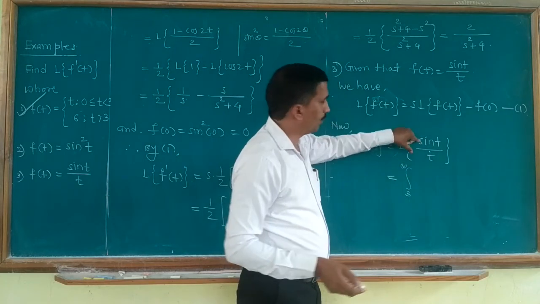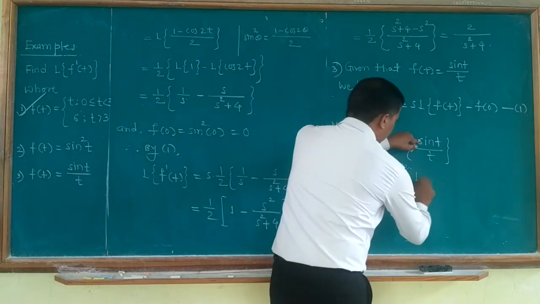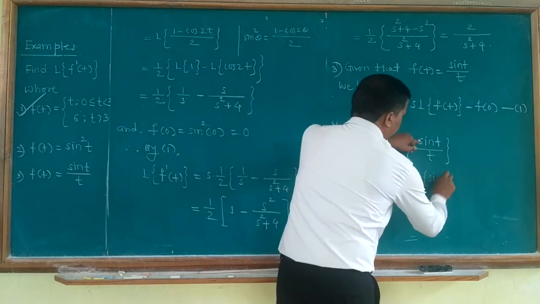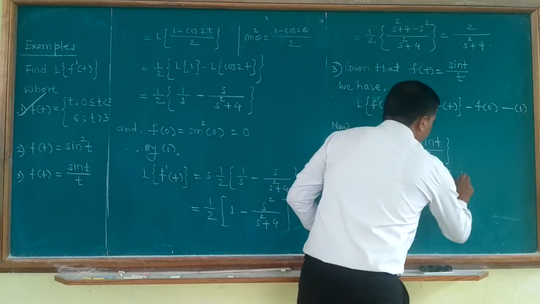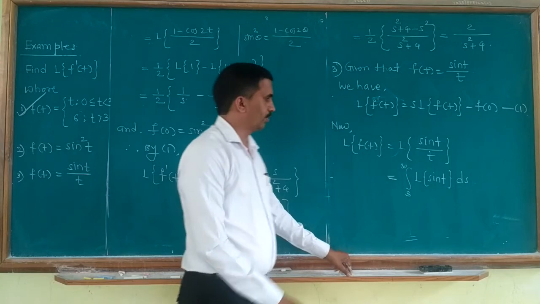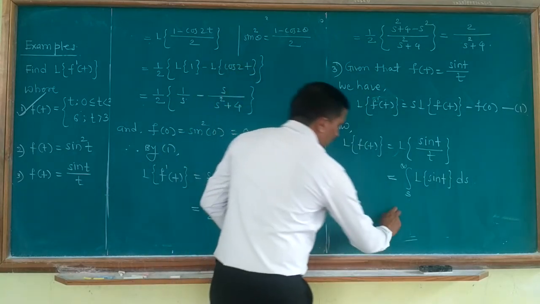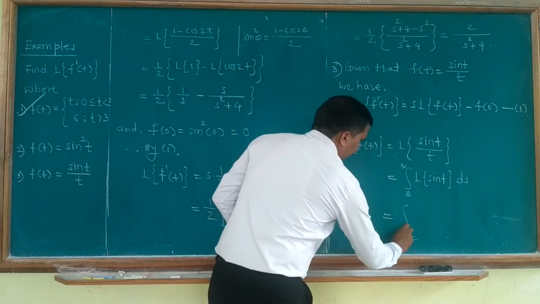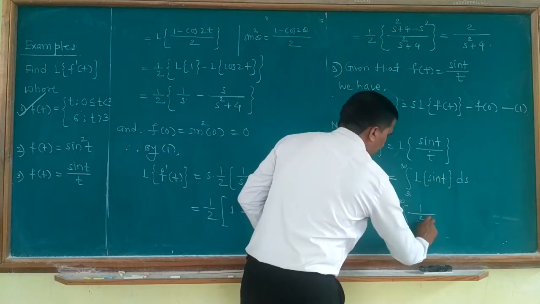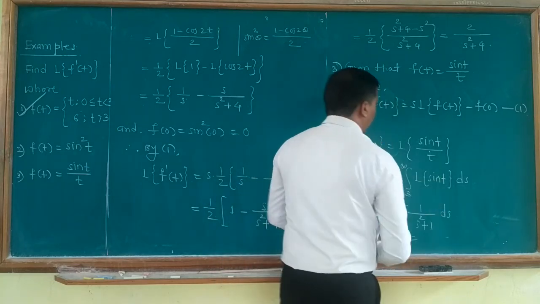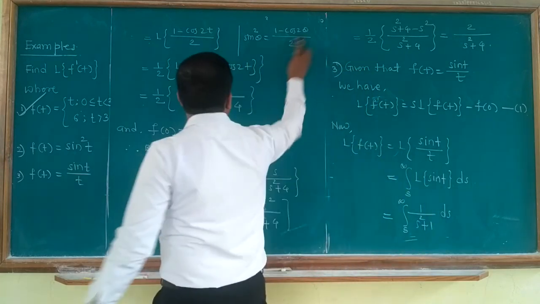Integration of Laplace of numerator. So, it is Laplace of sin t. And Laplace transformation is a function of s. So, therefore, integrate with respect to s. You just put the values. This is equal to integration s to infinity of 1 upon s square plus 1 ds. Now you take the integration.